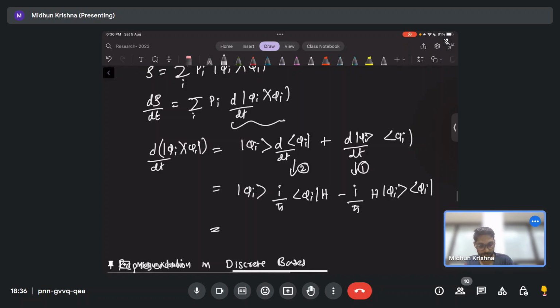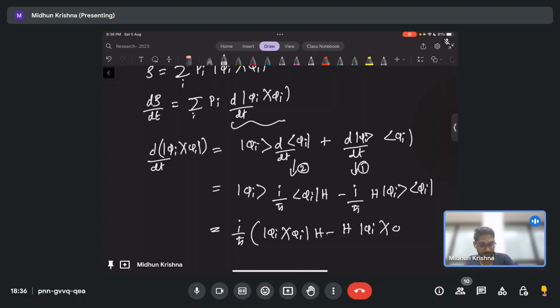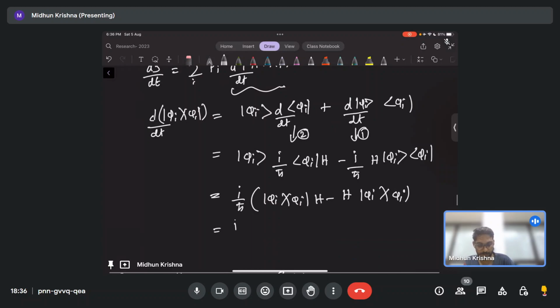Now grouping things together, it's i by h squared, and what am I left with? Phi i h minus h phi i, which is nothing but i by h squared, the commutator of phi i, comma, h, right?